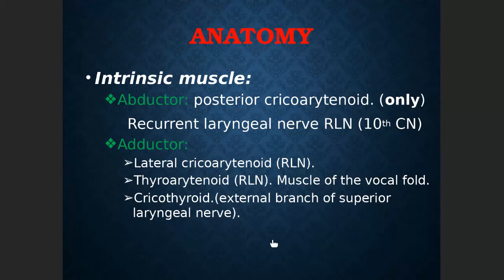What is the aim of these? Abductor means away from the midline, while adductor means toward the midline. The only muscle that moves the vocal cords away from the midline is the posterior cricoarytenoid.